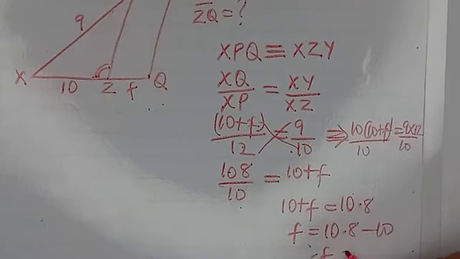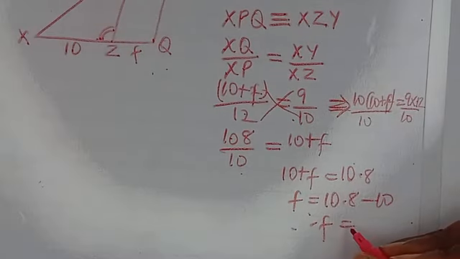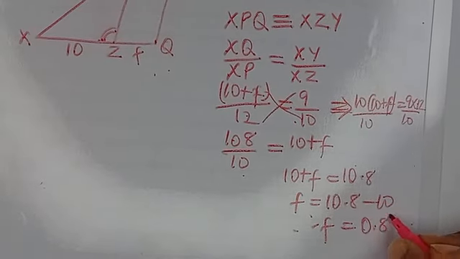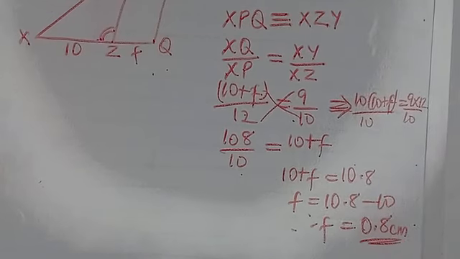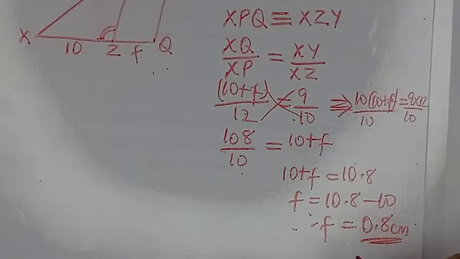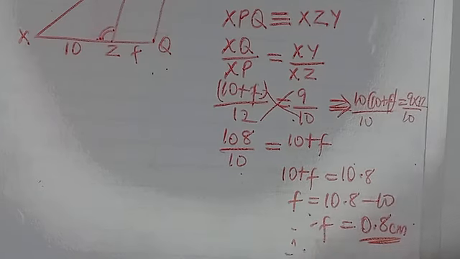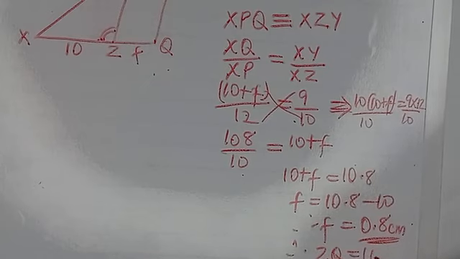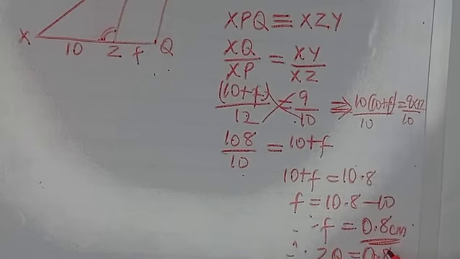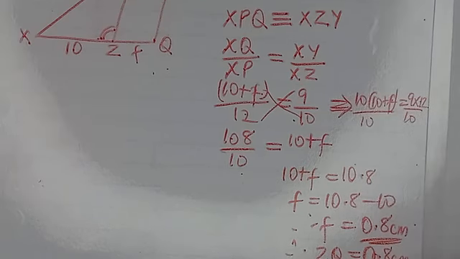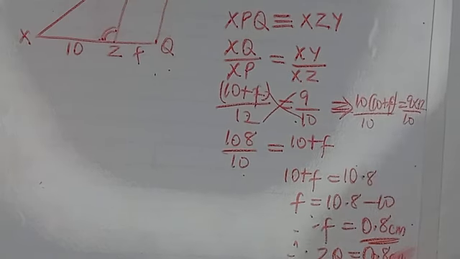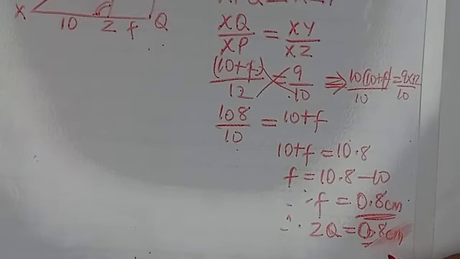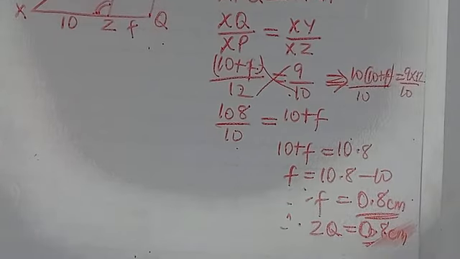Therefore, F is equal to 0.8 cm. So, since F is 0.8, remember we were told to look for ZQ. Therefore, ZQ, which is equal to F, is 0.8 cm. So, arriving at where we started from, 0.8 cm.